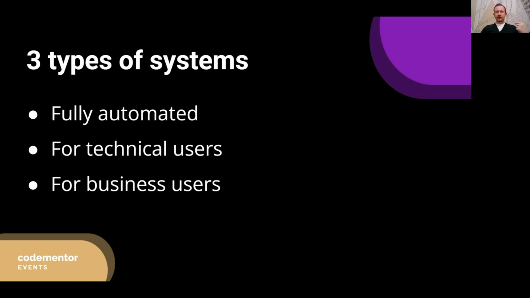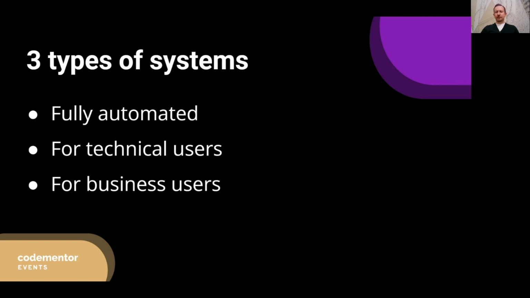Then think about what type of system you can create at this point. If you can fully automate decision making or changing of these business parameters, you can make a fully automated system.